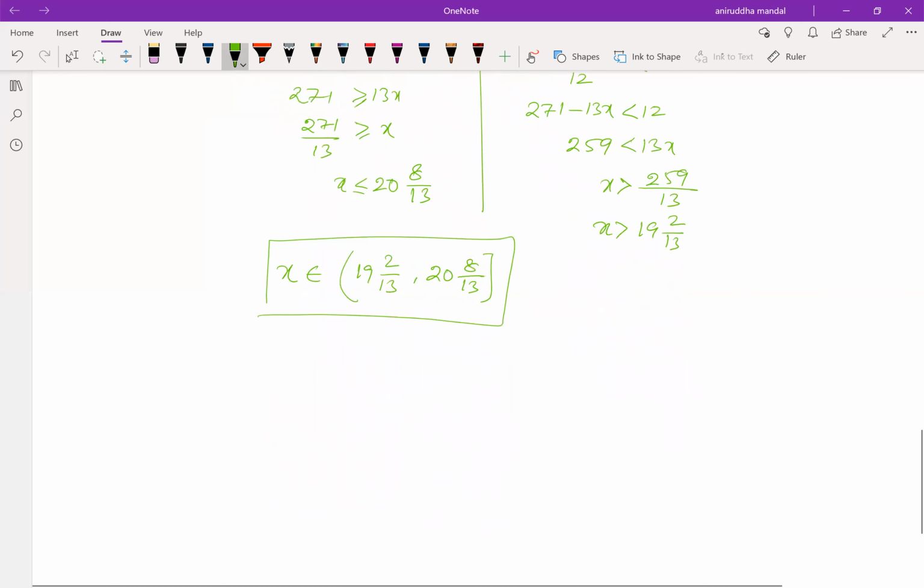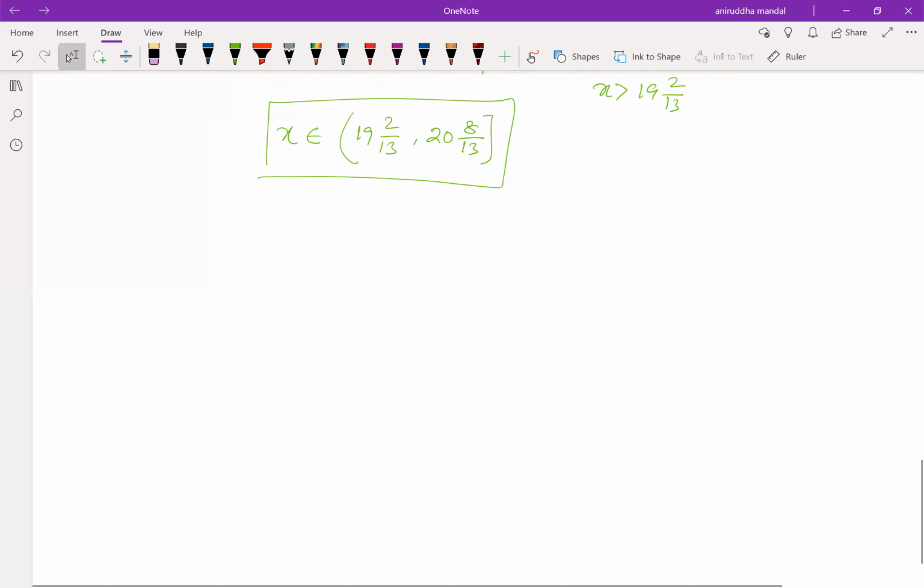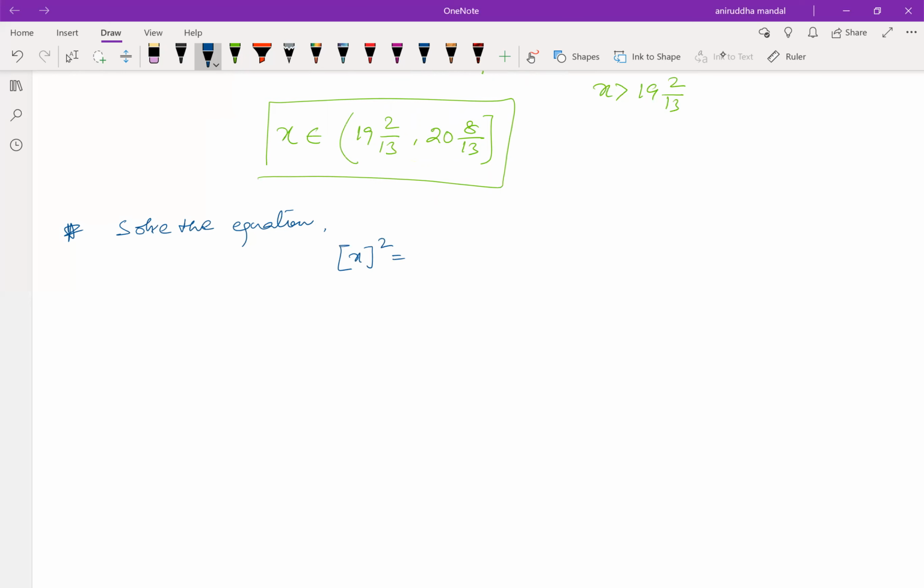Okay, now the last problem, solve the equation. The equation is floor of x squared equals x squared minus x times floor of x.